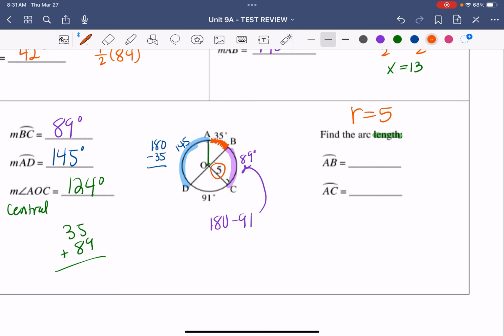So to find AB, I'm just going to write it here at the bottom so I can have some space. We have 35 degrees out of the possible 360, but we're going to multiply by 2 pi r, which is 5. So just type that in all together into the calculator.